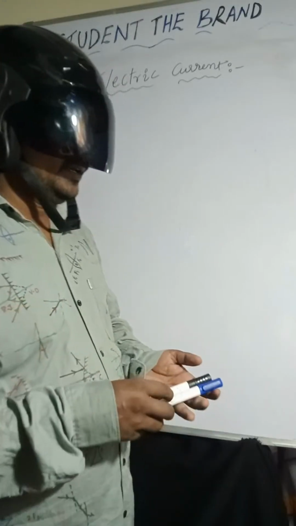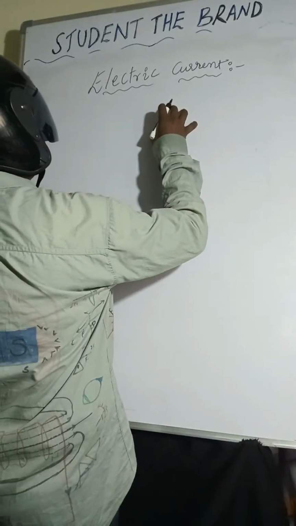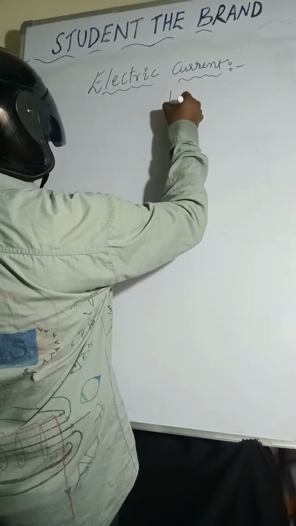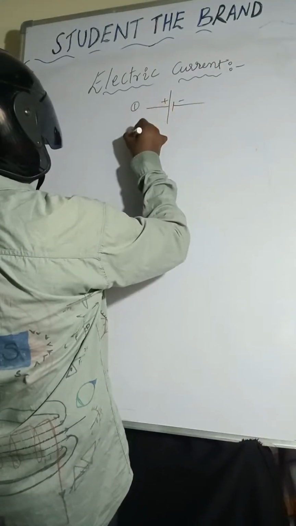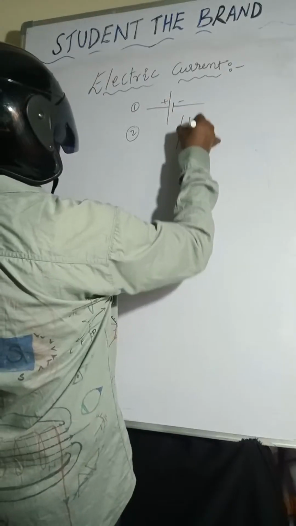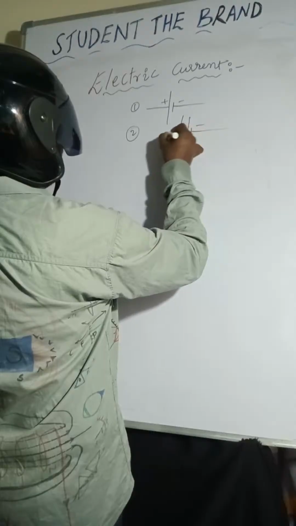Now you can see, this is the cell, positive terminal, negative terminal. Coming to the second one, battery, positive terminal, negative terminal.